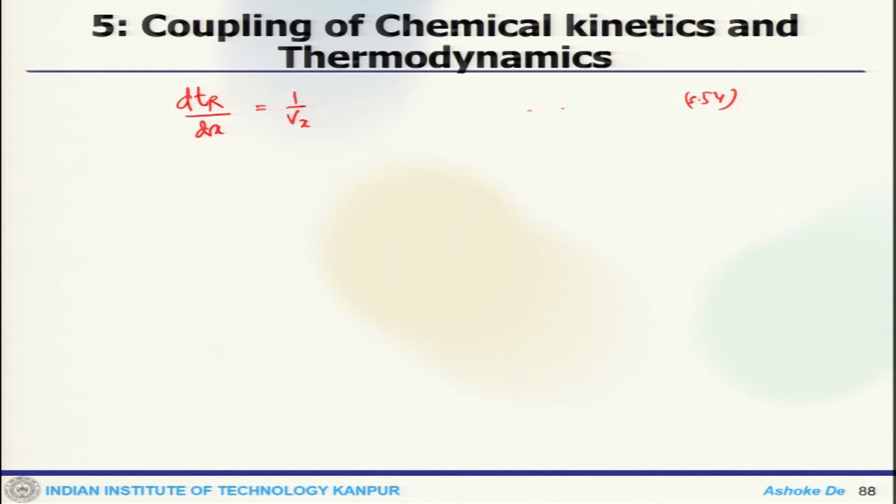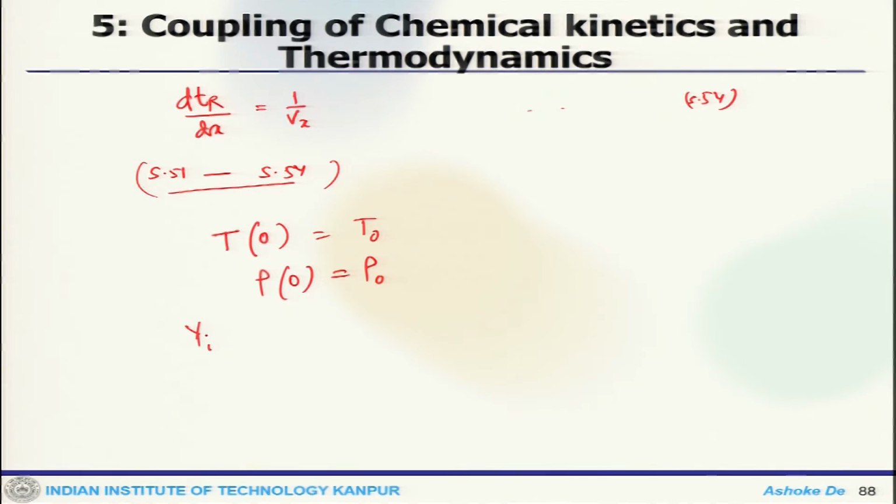Now, there are initial conditions. For equations 5.51 to 54, initial conditions are required to solve these equations. This is T naught, density will be rho naught, y_i is y_i naught for i equals 1 to n, and tR is 0.